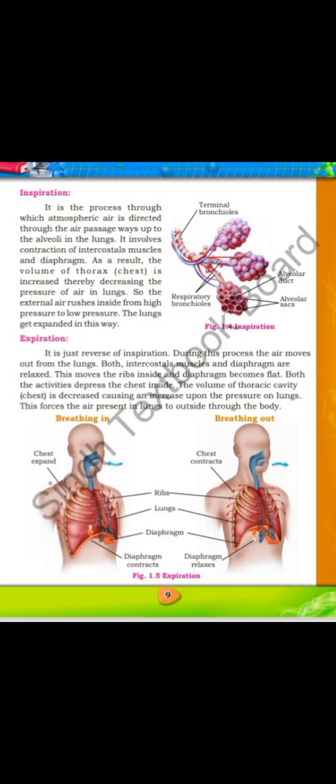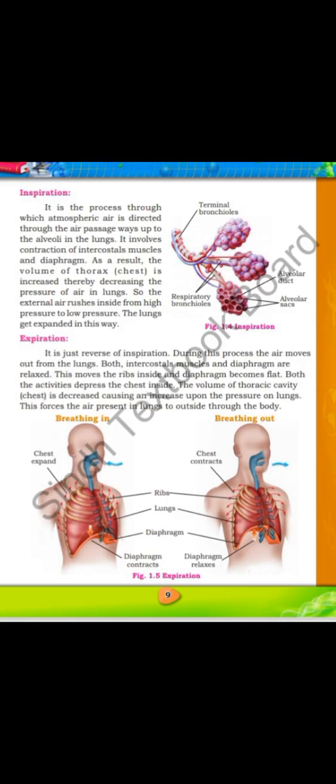The volume of thoracic cavity or chest is decreased, causing an increase in the pressure on lungs, and this forces the air present in lungs to go outside through the body. In this way, expiration takes place.